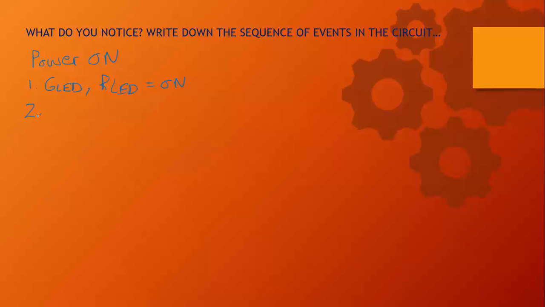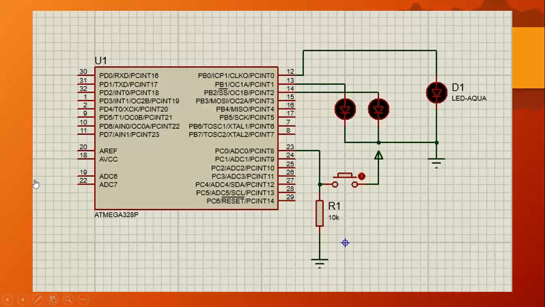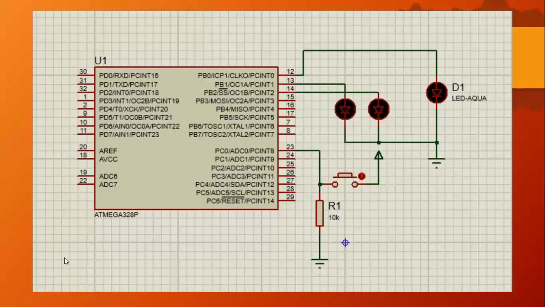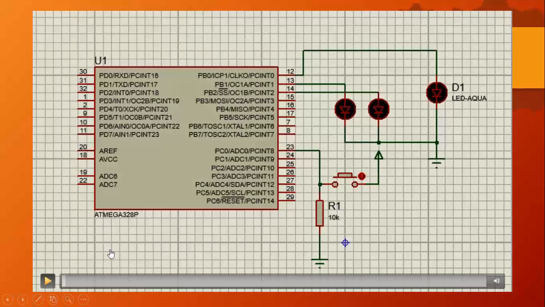Then the second thing we notice is after that the red LED goes off, and you have the green and the blue LED that is on, but the blue LED flickers.